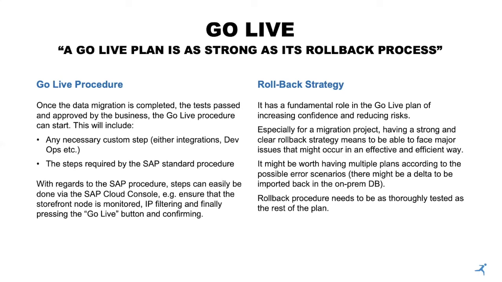While the first version is quite straightforward, as all the systems will be connected back to the on-prem DB, the second one requires some additional actions, such as the migration of the data from the SAP Cloud DB back to the on-prem DB. I'm referring to the data generated and written on the DB after having gone live on cloud.